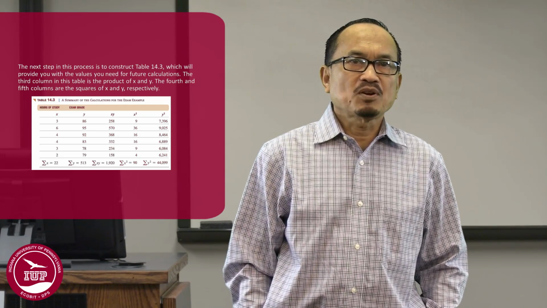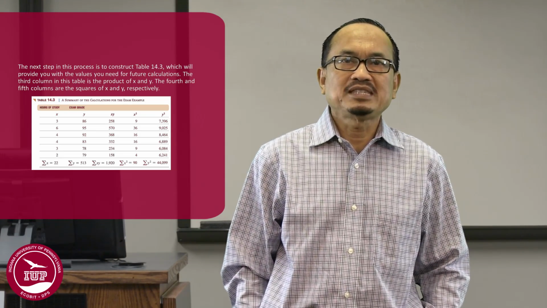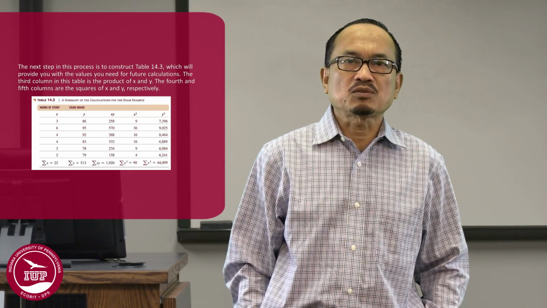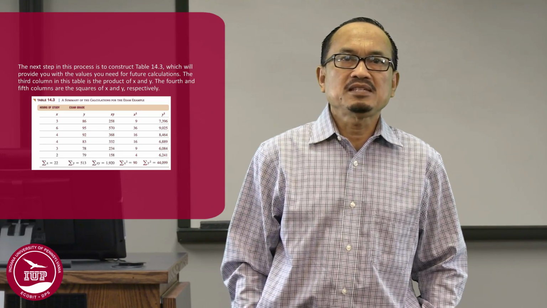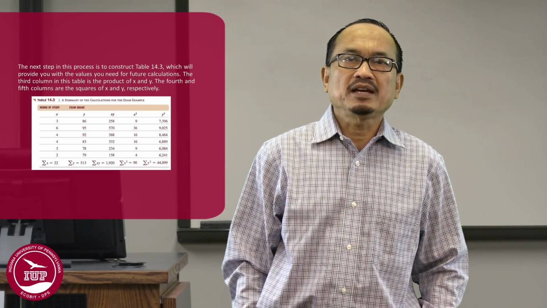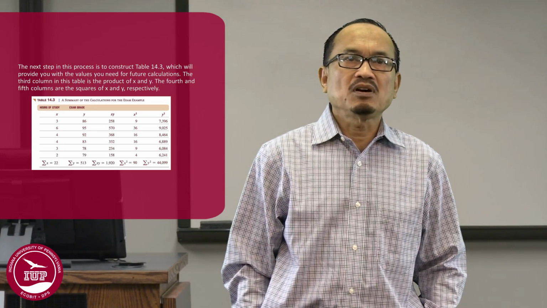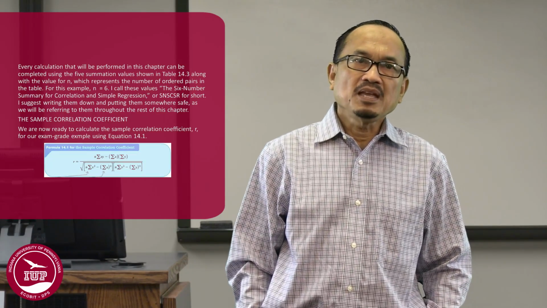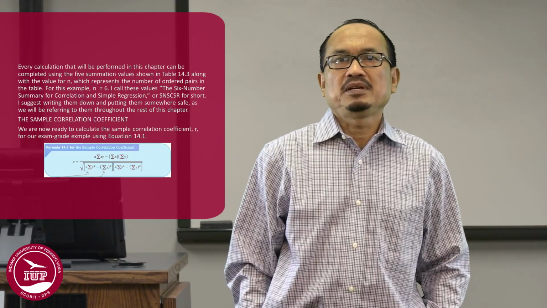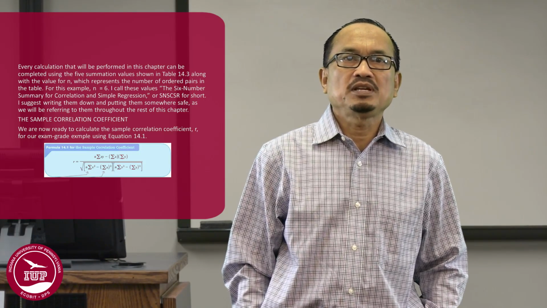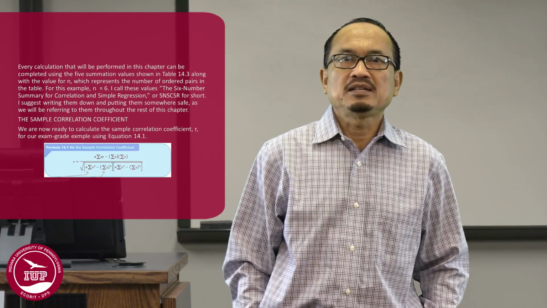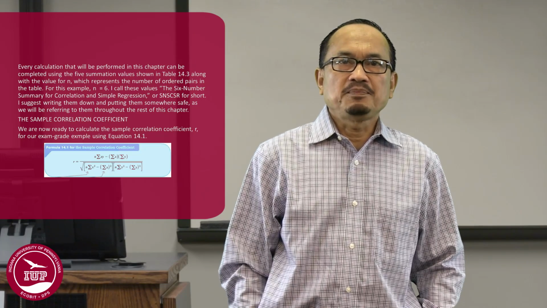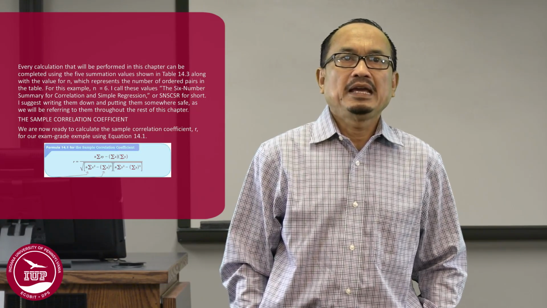The next step in this process is to construct Table 14.3, which will provide you with the values you need for future calculations. The third column in this table is the product of x and y. The fourth and fifth columns are the squares of x and y, respectively. Every calculation that will be performed in this chapter can be completed using the 5 summation values shown in Table 14.3 along with the value for n, which represents the number of ordered pairs in the table.